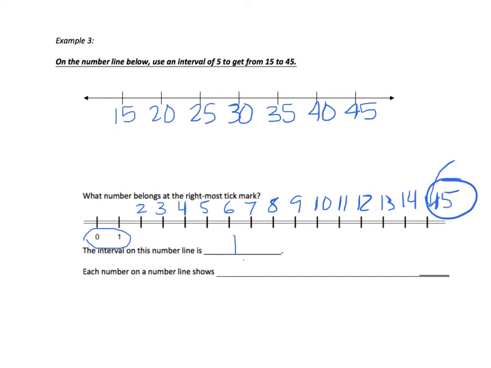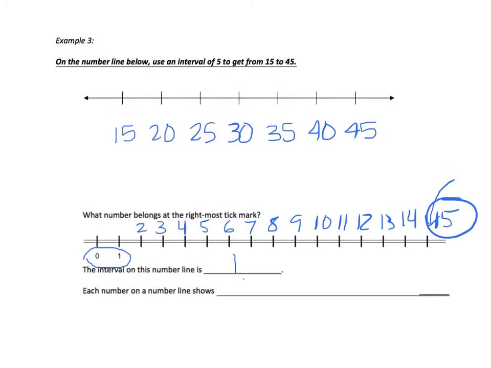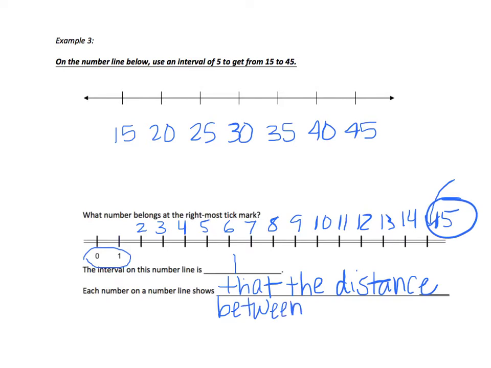So each number on the number line shows that the distance between each line is 1.